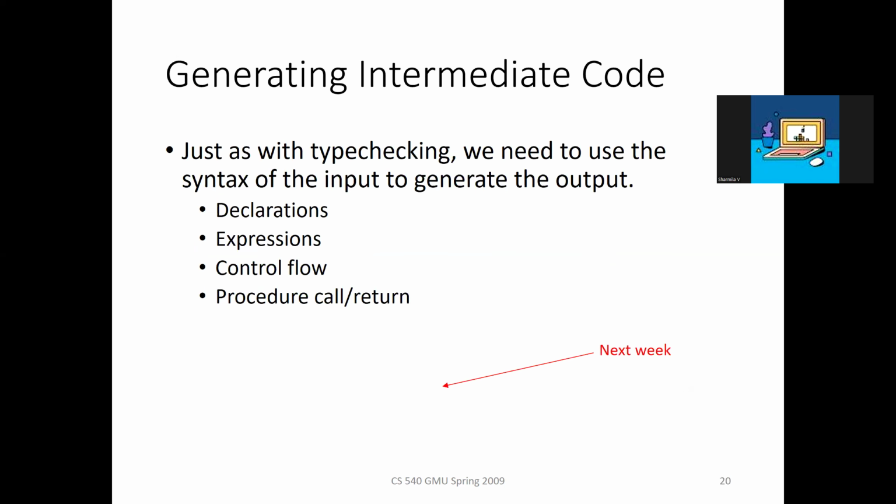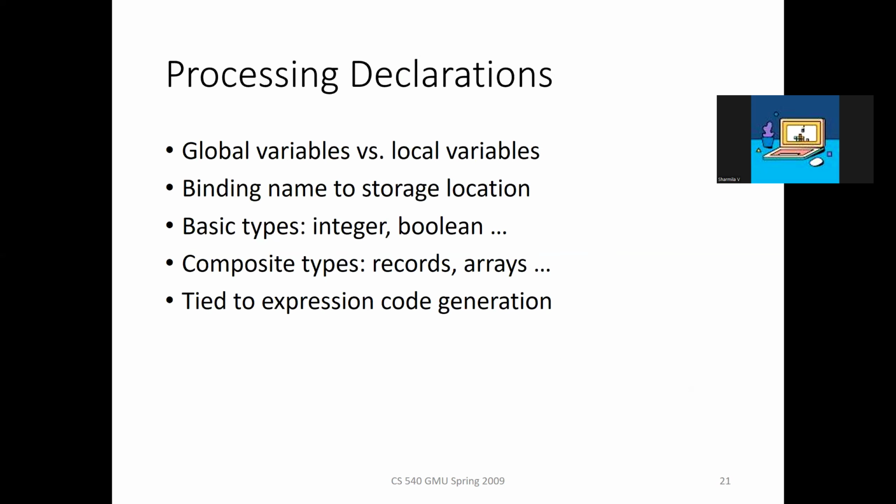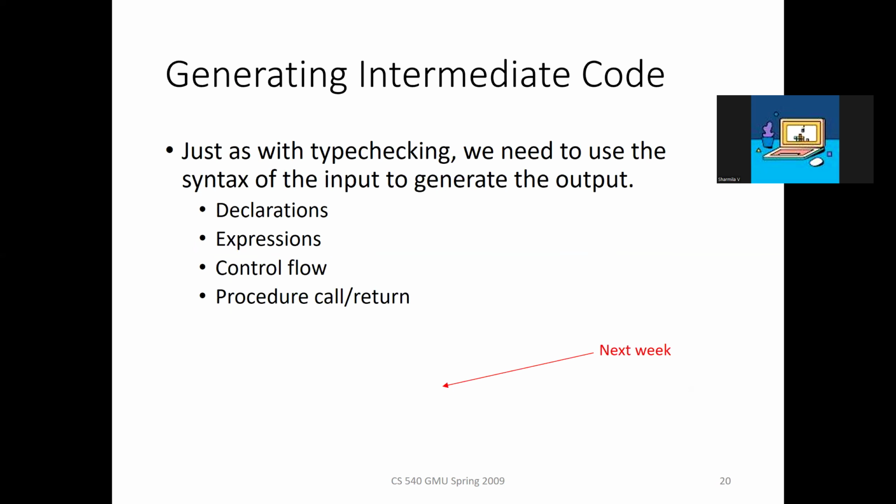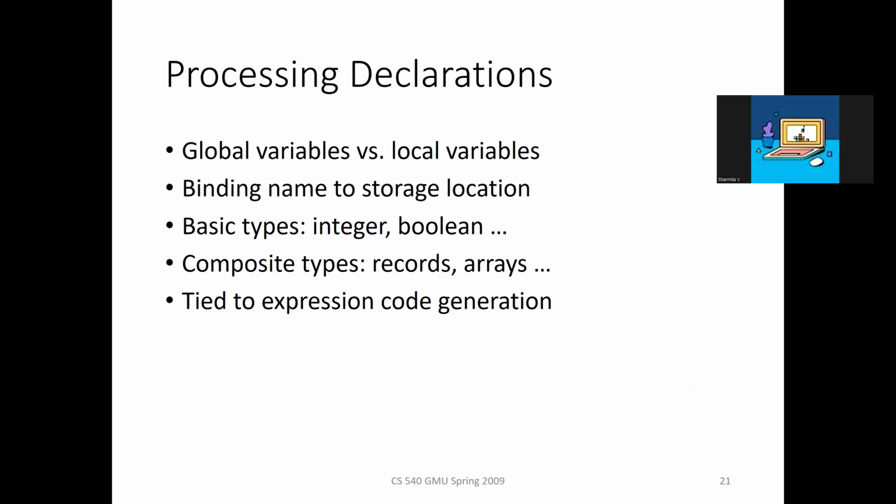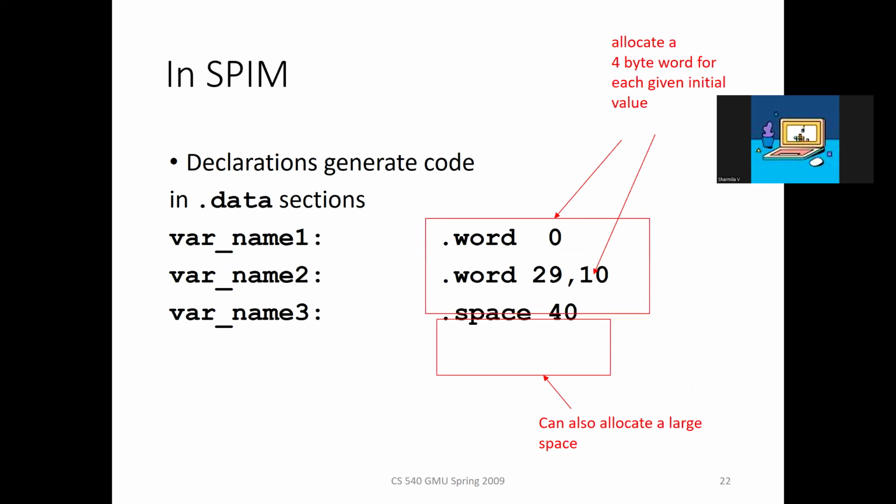For generating intermediate code, along with type checking, we use the syntax of the input to generate output for declarations, expressions, control flow, procedure calls and return. Processing declarations involves global versus local variables, binding names, and storing locations, with basic data types like integer and boolean, and composite types like records and arrays. Then expression code generation.